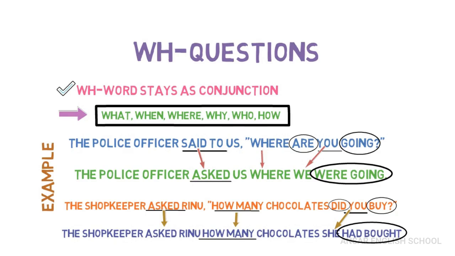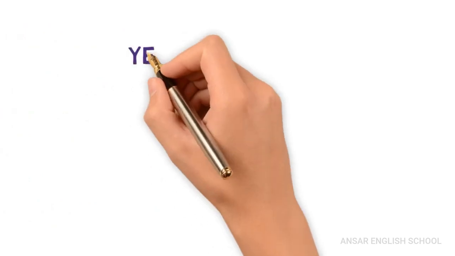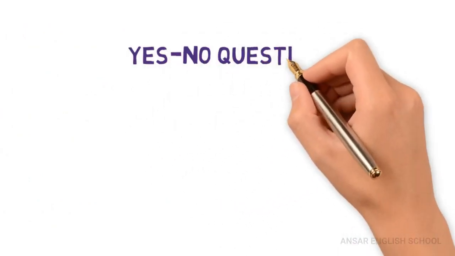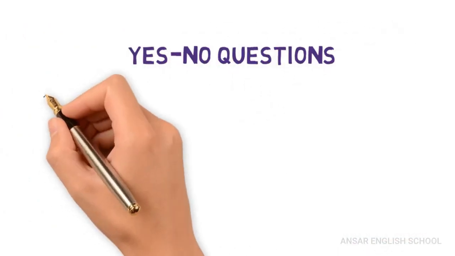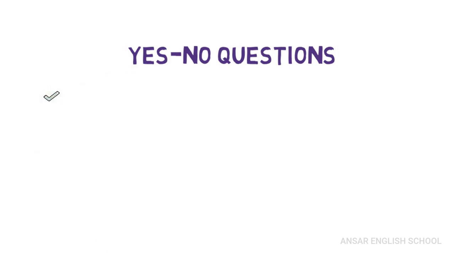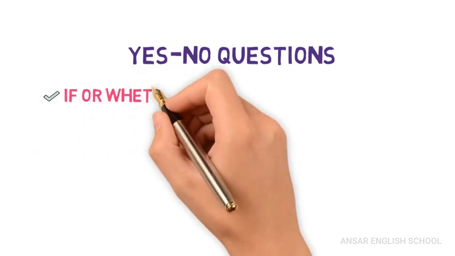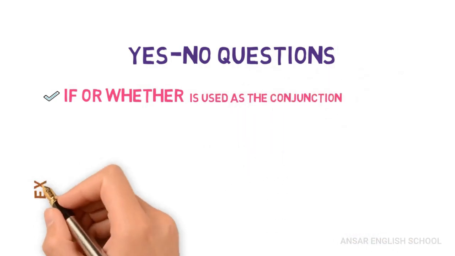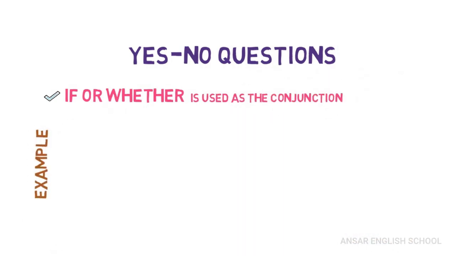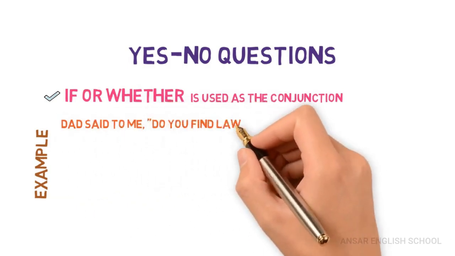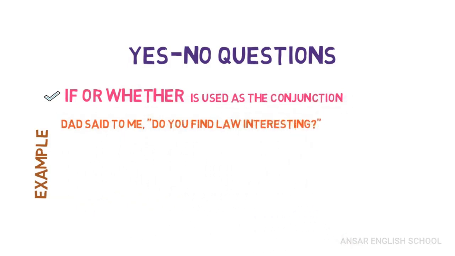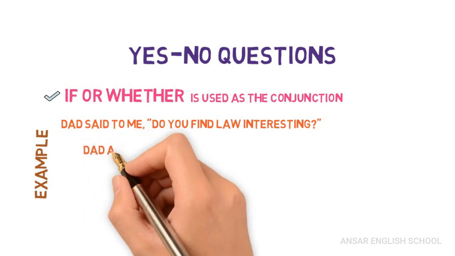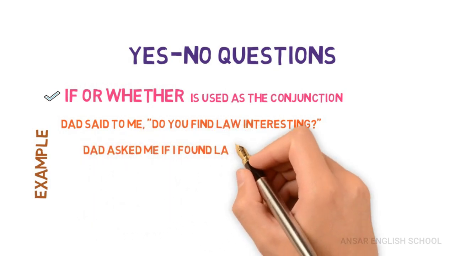Now yes or no questions. When you are reporting a yes or no question, if or whether is used as a conjunction. For example, Dad said to me, "Do you find law interesting?" So when you are reporting it, it becomes, he asked me if I found law interesting.